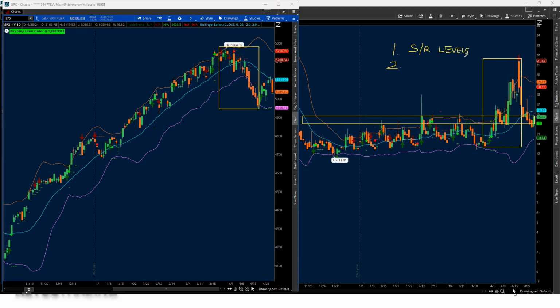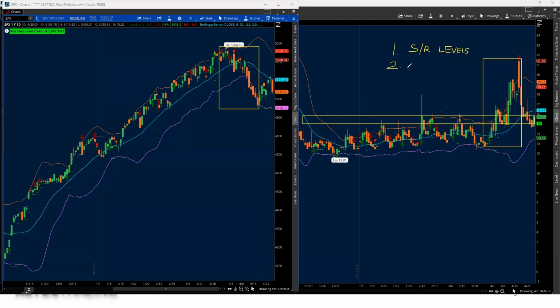Then second, we're looking for correlation, right? So when S&Ps come down into support and VIX goes up into resistance, there's a likely trend reversal that could ensue.